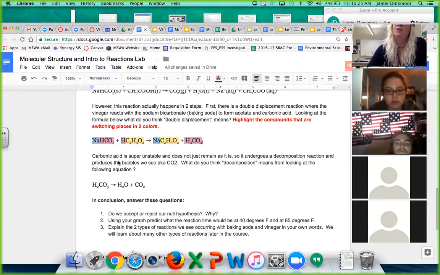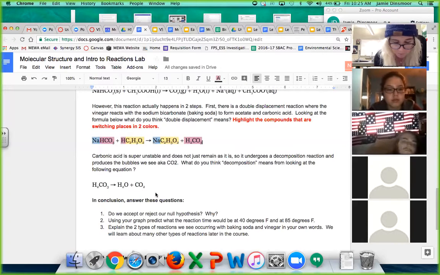So that acid is super unstable. It actually goes through another type of reaction called a decomposition reaction, and then it produces the bubbles that we see. So both of these reactions happen basically at the same time, which is why we see the bubbles almost immediately.